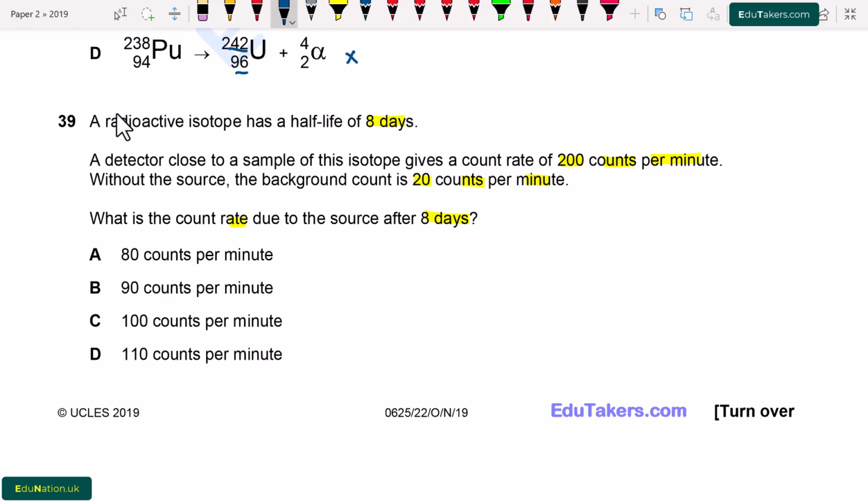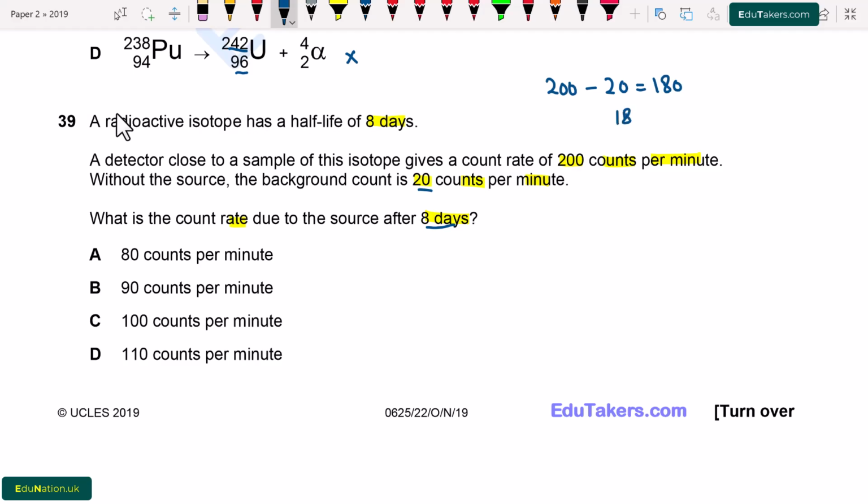First of all, when 8 days pass, it means that only one half-life has passed, because the half-life is equal to 8 days. The count rate given is 200 counts per minute, and the background count rate is 20, so here we subtract 20, which gives 180. When the first half-life has passed, the count rate becomes half.